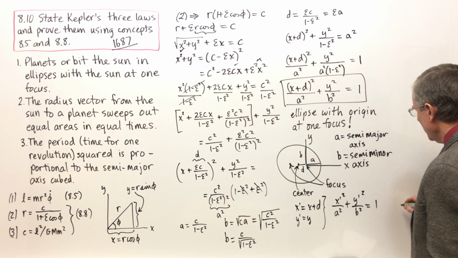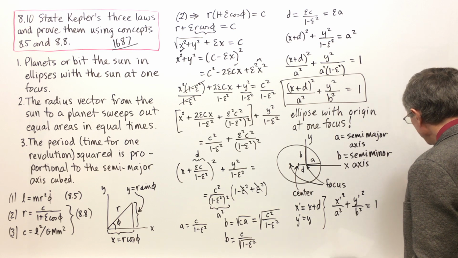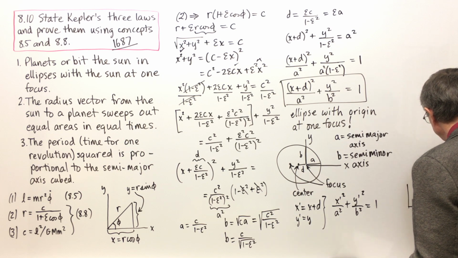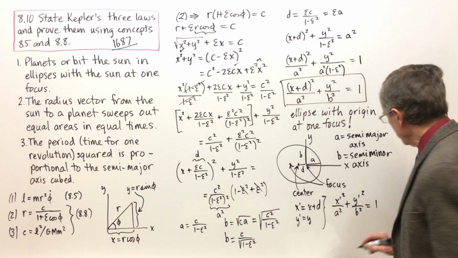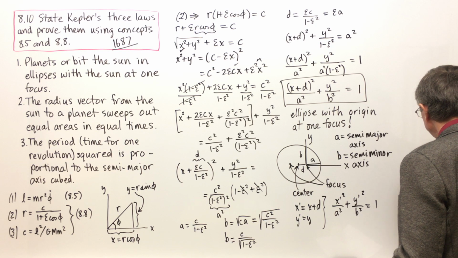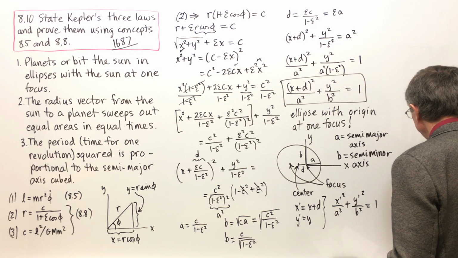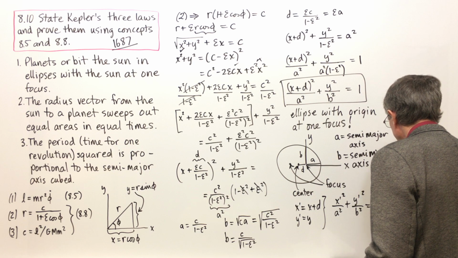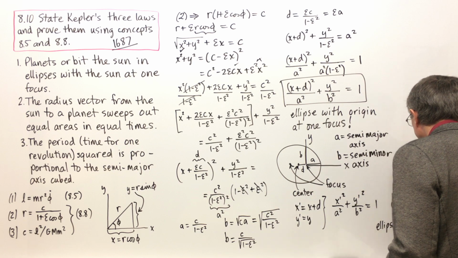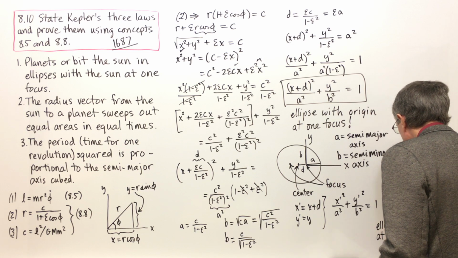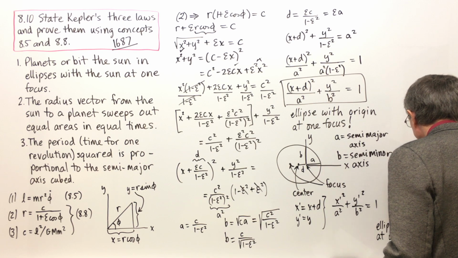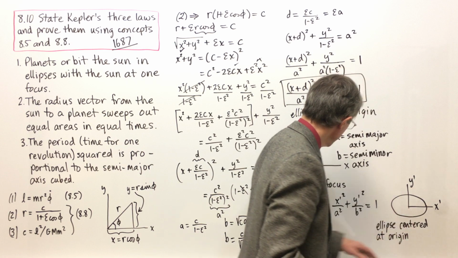And that describes an ellipse that is centered, so this is an ellipse centered at the origin. In this case, if you look at it this way, this is more familiar.